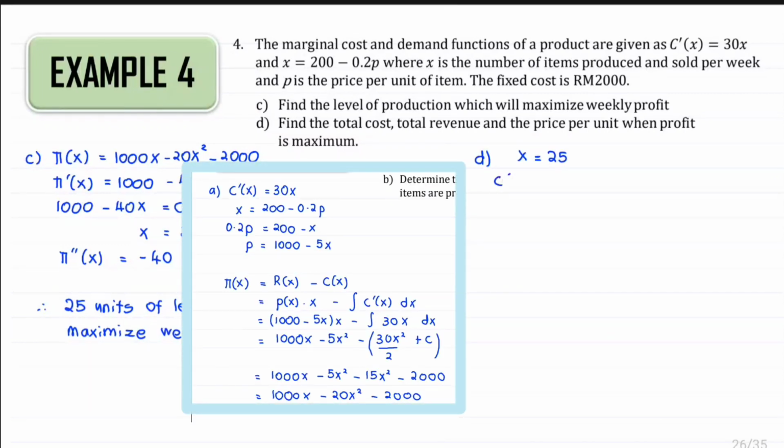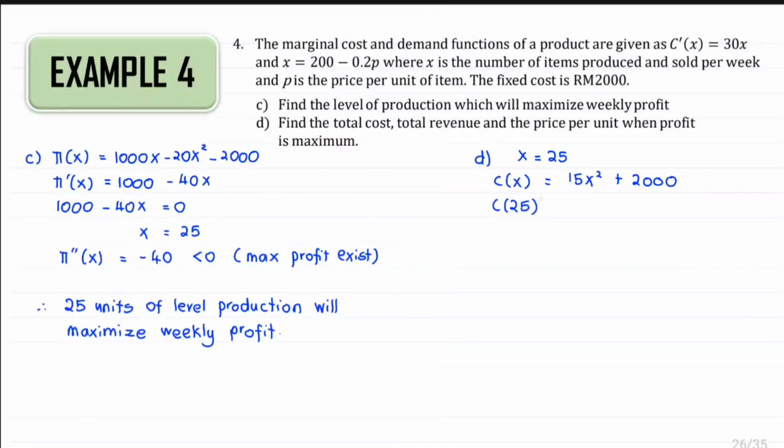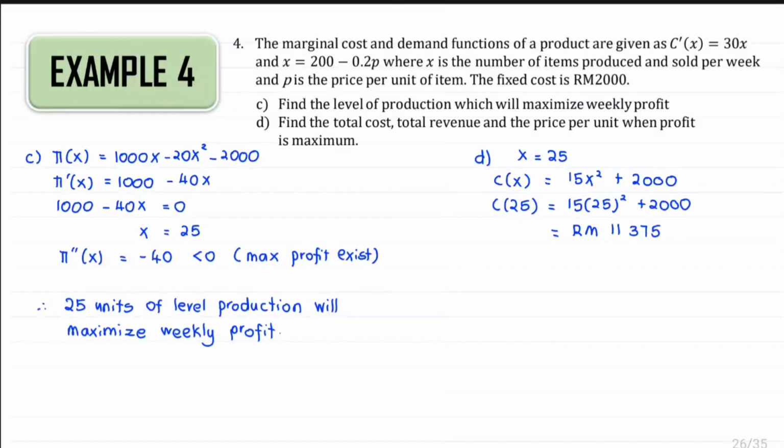Our cost function is 15x squared plus 2000. Then we substitute x equals 25. Then we get the answer RM 11,375.